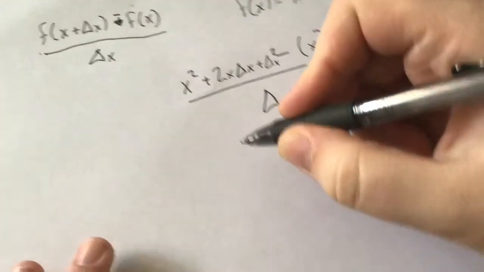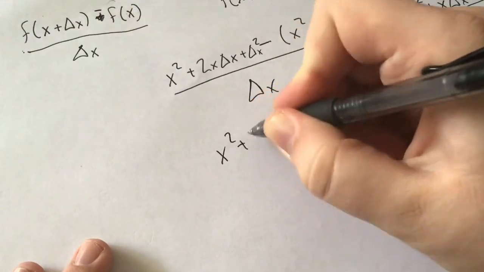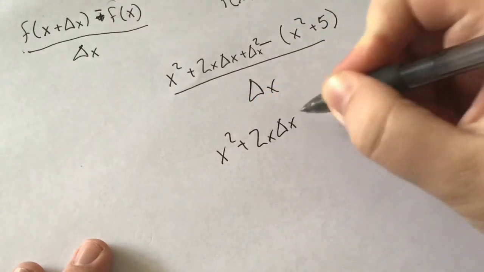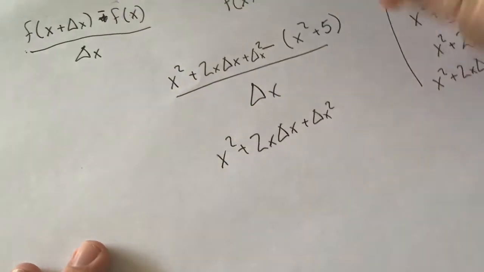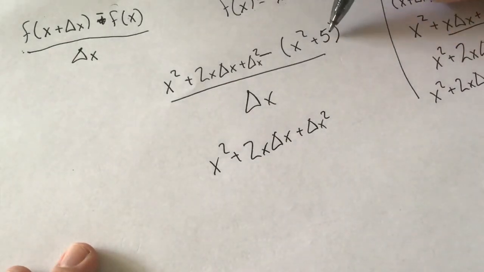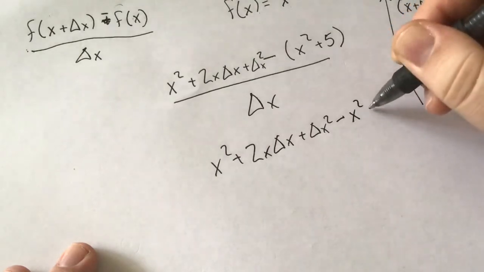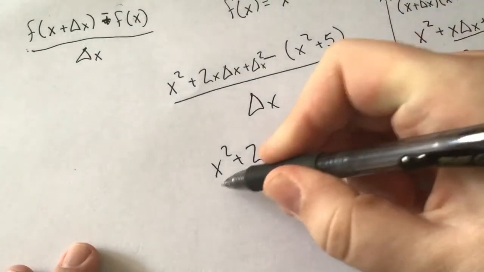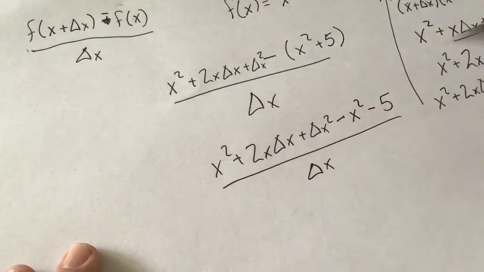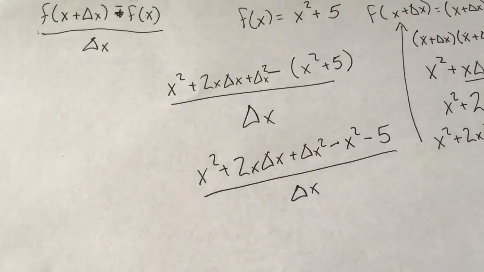So in reality, what this looks like is x squared plus 2x delta x plus delta x squared, and instead of minus x squared and plus 5, that negative distributes to be minus x squared minus 5, all over delta x still.